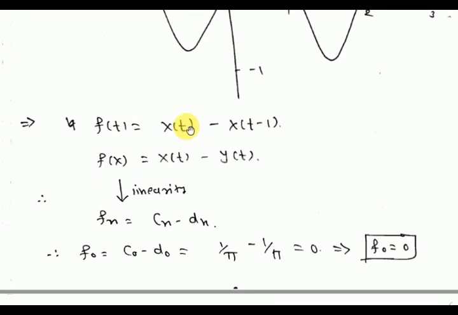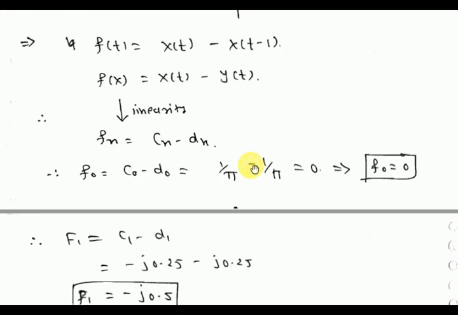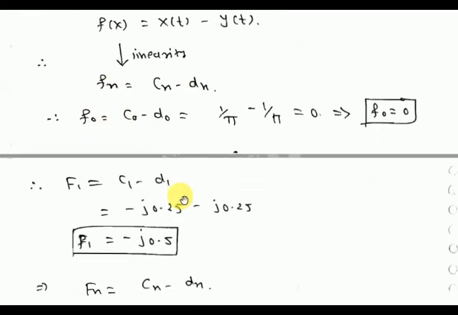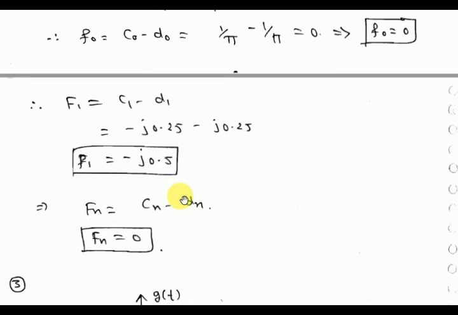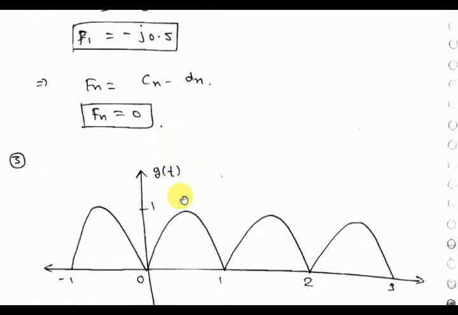So f of t equals x of t minus y of t. Using the linearity property, suppose f has Fourier series coefficient fn, x has cn, and y has dn. So cn minus dn will be equal to fn. Put n equal to 0, you will find f naught. Put n equal to 1, then you will find fn.